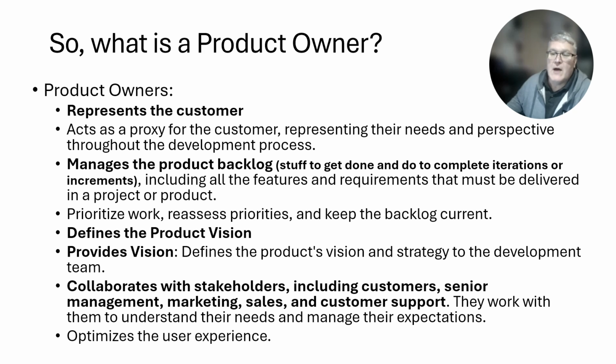They do not, however, necessarily provide the official communication and update regarding the project. That's the responsibility of the project manager. So the product owner is somebody that is strictly concerned with the final product and the outcome of the project to meet stakeholder concerns. And they're there to optimize the final product user experience.